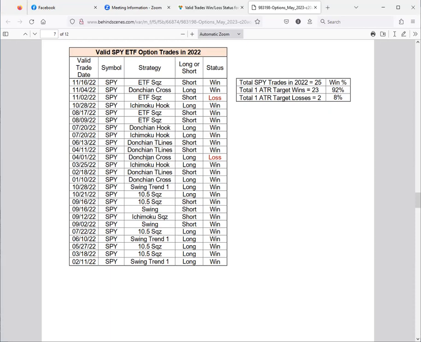I asked, you put the first target there, great, and you sold half your position or two-thirds of your position at the first target. Okay, where did you put your stop loss on the remaining contracts and your second target? And he was like, what? He had totally forgotten about the stop loss on the remaining contracts.